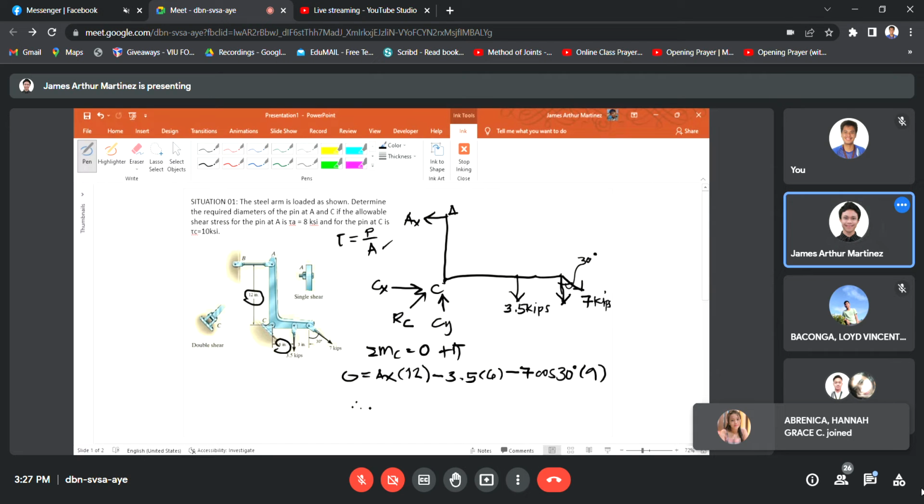Therefore, we can compute AX directly, since it is the only unknown in this equation. And how much is AX? This would be 12 times AX minus 3.5 times 6 minus 7 cosine 30 times 9 equal to 0. So AX therefore is 6.297.